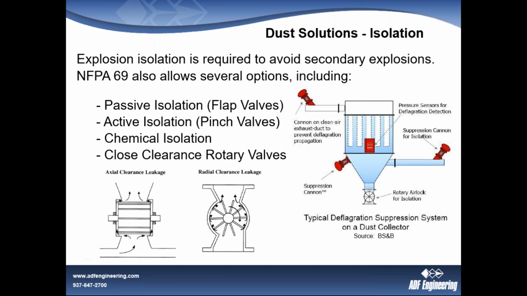Among isolation devices that are out there, the flat valves are very, very popular, especially on pneumatic conveying lines. And a lot of people think the pneumatic conveying lines aren't a problem, but they are. A lot of the problems can occur in a conveying line. If you're going up to a filter receiver, if you have an explosion in that filter receiver, the path of least resistance is back through that pneumatic conveying line. And if there's nothing to stop it, it will not go back to your silo because of the rotary valve or whatever's feeding it. It will go out the blower.